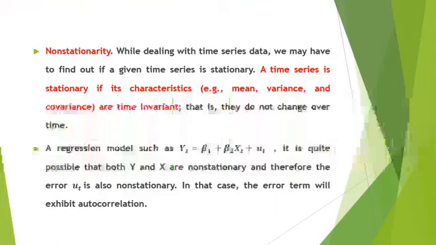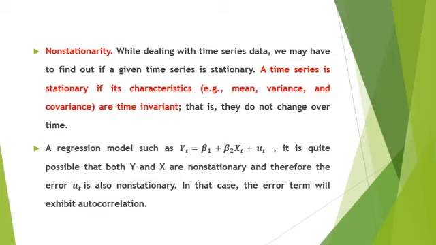Now, while dealing with time series data, we usually confront the phenomenon of non-stationarity. At the outset, therefore, we may have to find out if a given time series is stationary or not. A time series is stationary if its characteristics, for example mean, variance and covariance, are time invariant, that is, they do not change over time.